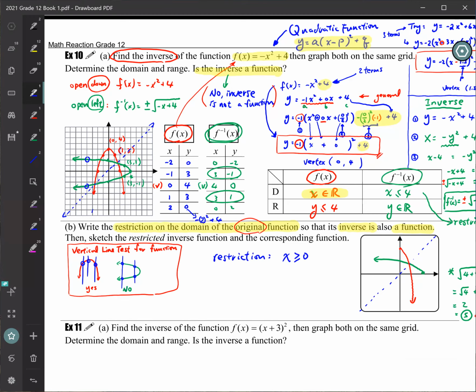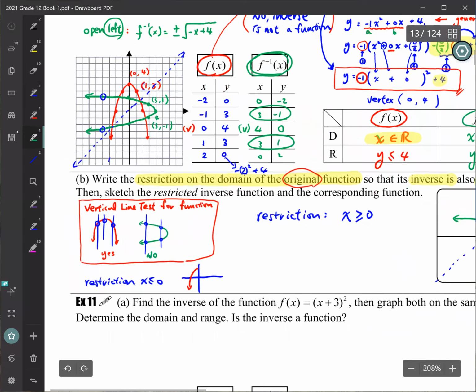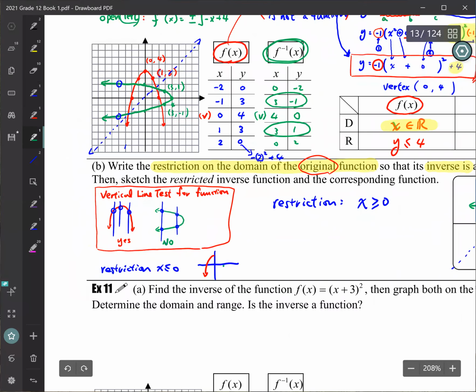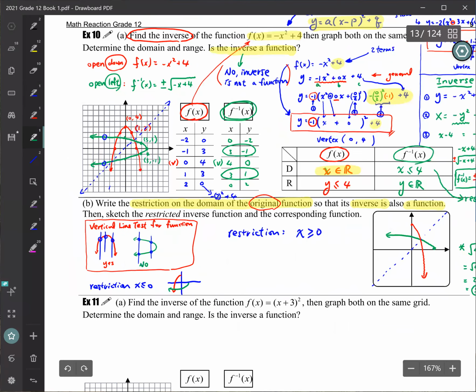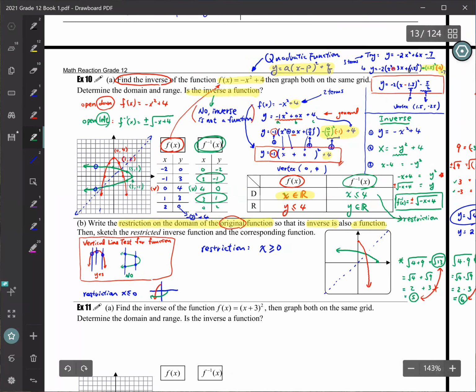If you are keeping the left side, I'll just write it at the bottom. If the restriction you chose is x less than or equal to 0, then your graph will keep the left, and your inverse will be going this way. But since we chose the right side, you're keeping the top and the right side. So your answer should be this one.